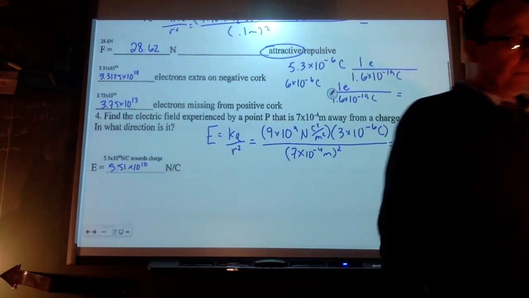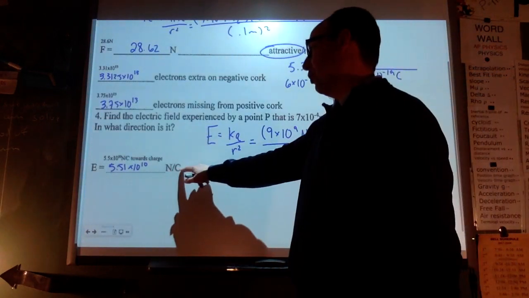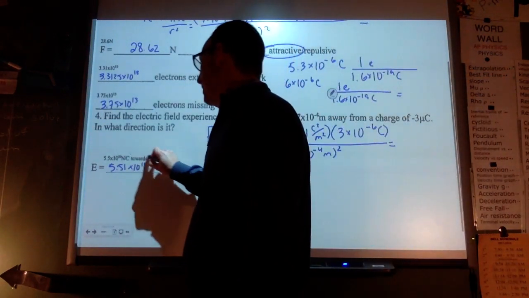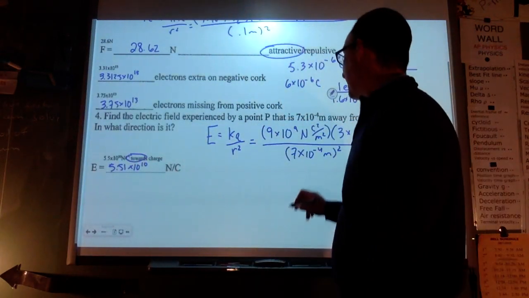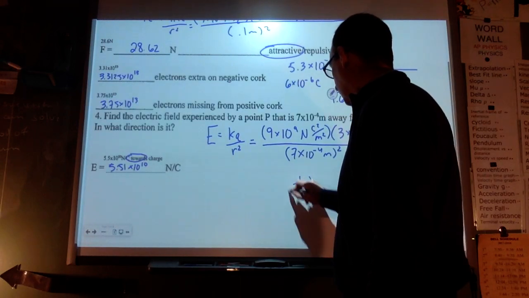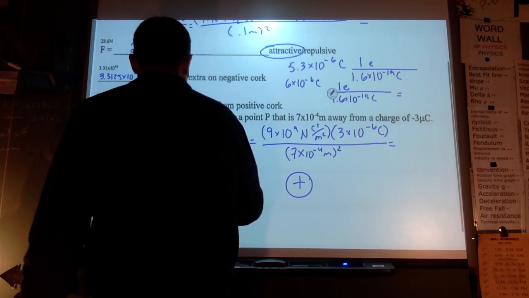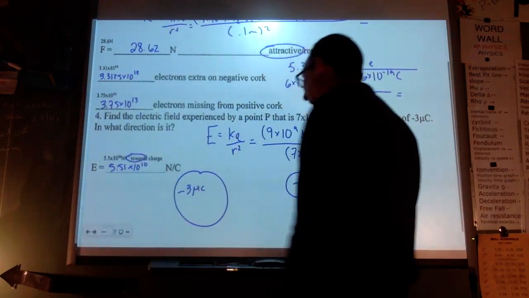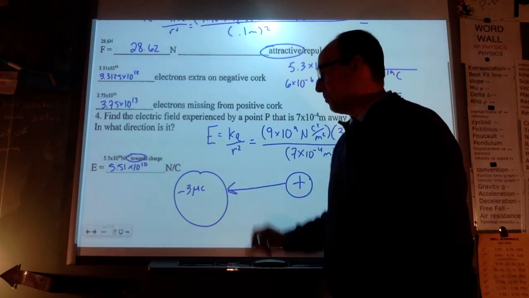And so we have 5.51. The units for this is newtons per coulomb, and it's going to be towards, because if this is a negative charge, a positive test charge would feel a force that would pull it towards it.